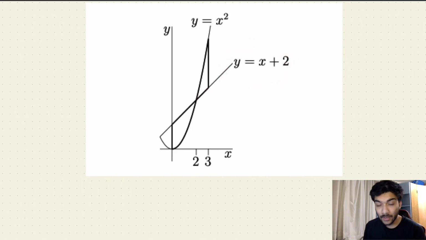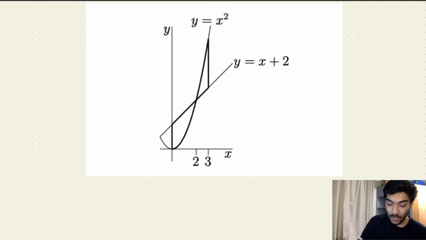So while taking the total area, we'll have to break our whole interval from 0 to 3 into two parts. The first part would be from x equals 0 to x equals 2, where the y values of the line function are greater than the parabolic function, and the other part would be from x equals 2 to x equals 3, where the y values of the parabolic function are greater than the y values of the line function.